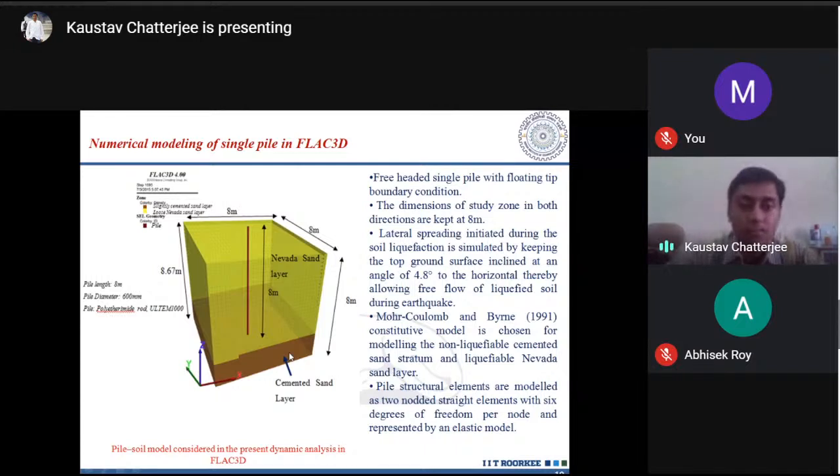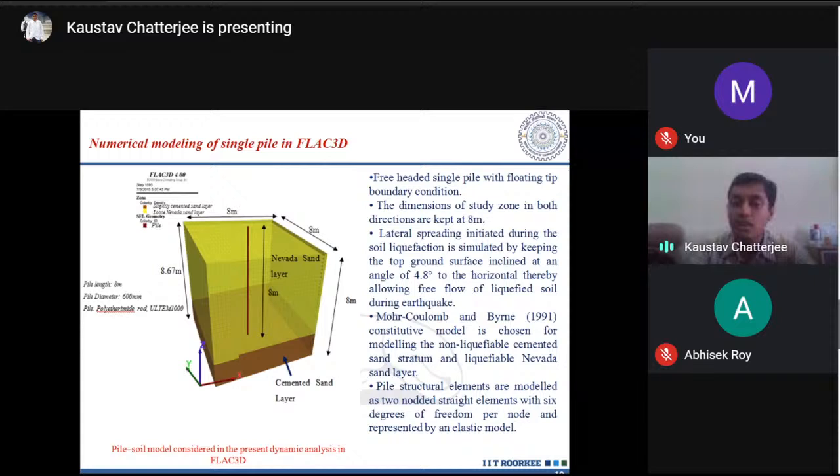Actually, the properties of this top liquefiable and bottom non-liquefiable soil were taken from Abdoun's 2003 paper published in ASCE, where they performed a dynamic centrifuge test. So the entire dimensions of the pile-soil model were taken from there, and similarly, to initiate lateral spreading due to liquefaction, the ground was inclined at an angle of 4.8 degrees with respect to the horizontal.